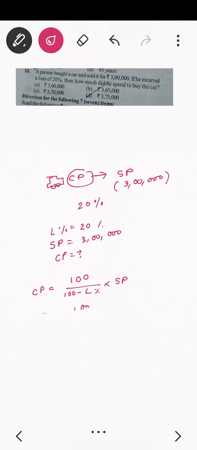So the answer will be 100 divided by 100 minus 20% loss, into selling price 3 lakh. So it will be 100 divided by 80 into 3 lakh.